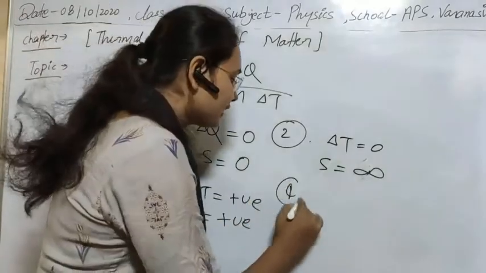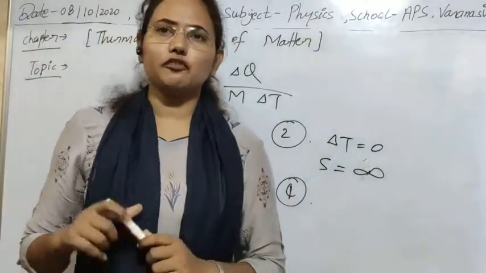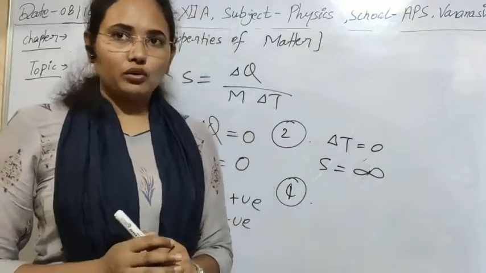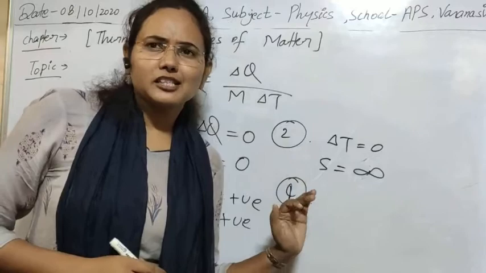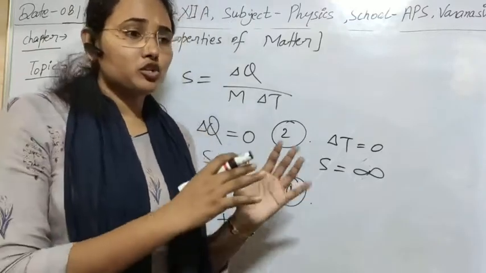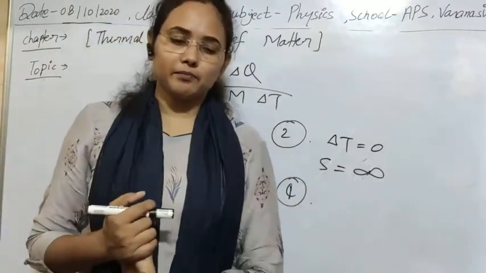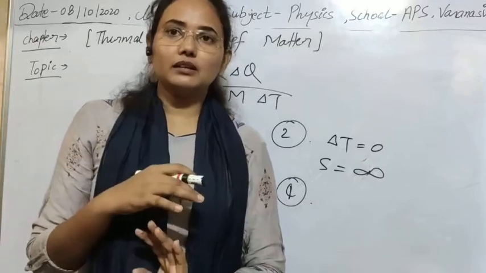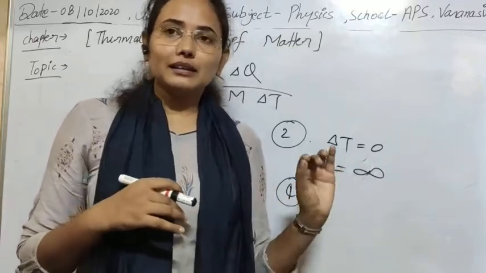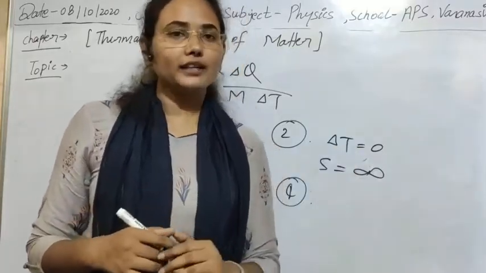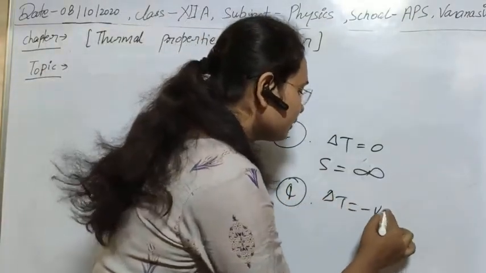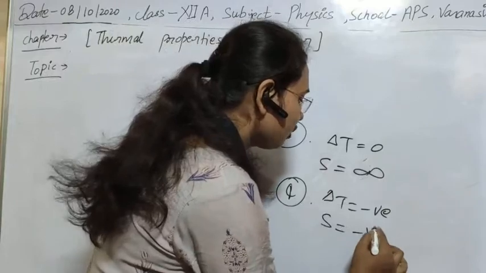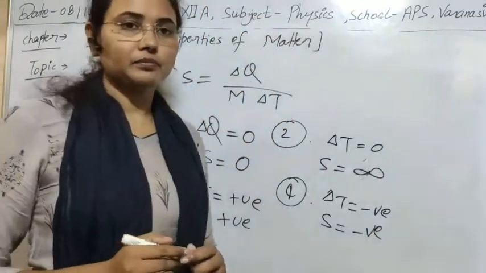The fourth case is that the rate of expansion is very fast. It is very obvious that if the rate of expansion is very fast, then most of the heat will be used to expand the gas, and in this condition there is a fall in temperature, so delta T will be negative, and the molar specific heat will be negative.